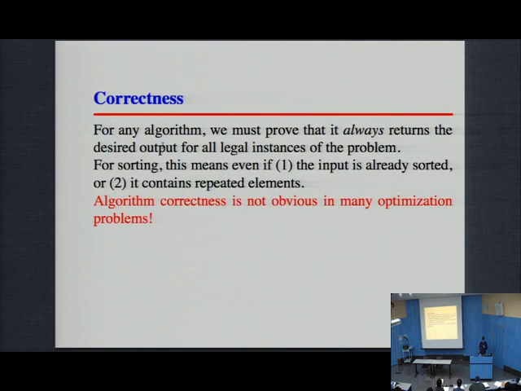That means that it's always got to work on all possible legal inputs. More to the point, if the specification of a problem says return the solution with the lowest score or the highest value or something like that, it's always got to return exactly the one with the highest value or the lowest cost.